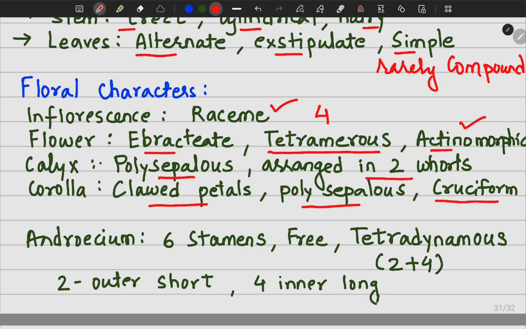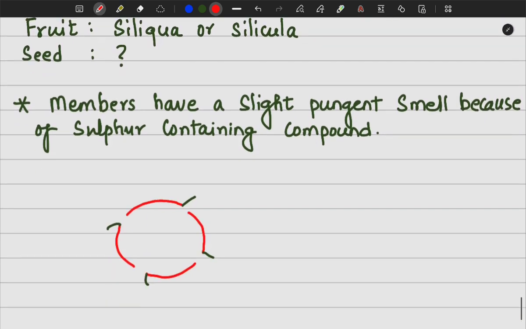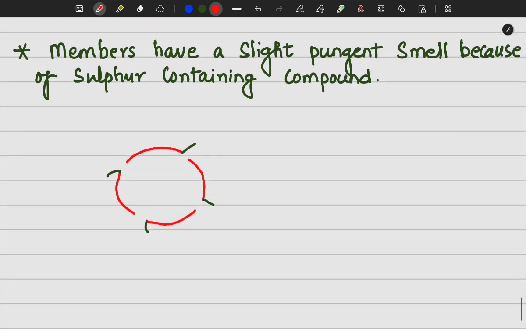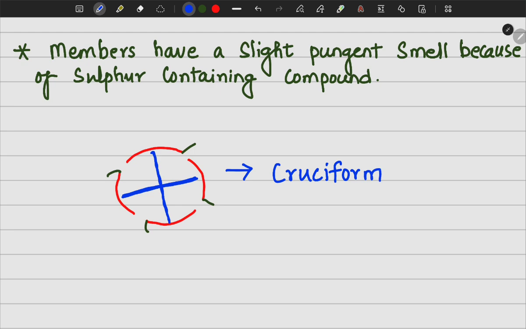Cruciform means cross-shaped. That is why the family is given the name Cruciferae, because the corolla of the flowers is cruciform or cross-shaped. The corolla are usually 4, and if we draw a line from the center, it forms a cross like this. Because of the formation of a cross, the corolla is called cruciform. Hence the name Cruciferae.